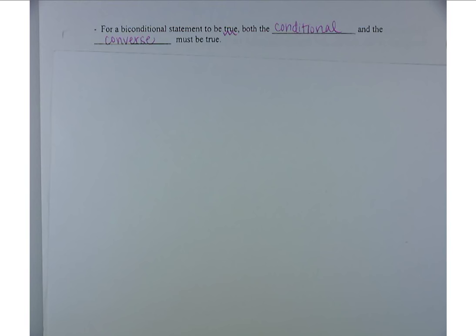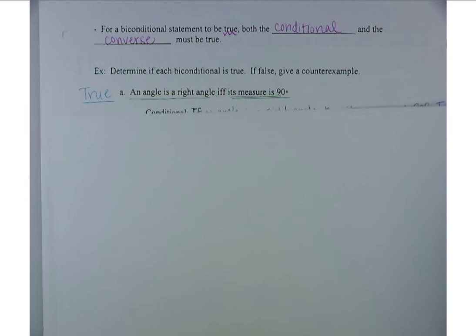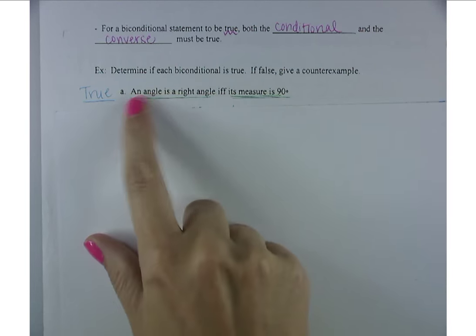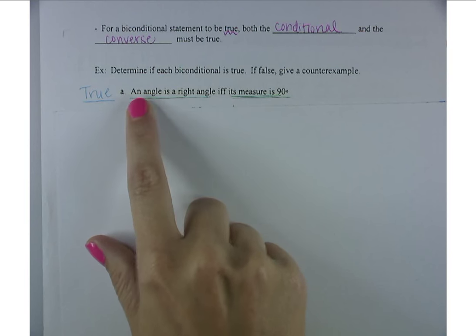Hey, Avery, what did you have for your conditional? An angle measure is 90 degrees if and only if it's a right angle. Okay, so that's going to be the converse. The conditional, start the first one with the hypothesis. See how this is going to be your hypothesis, an angle is a right angle?